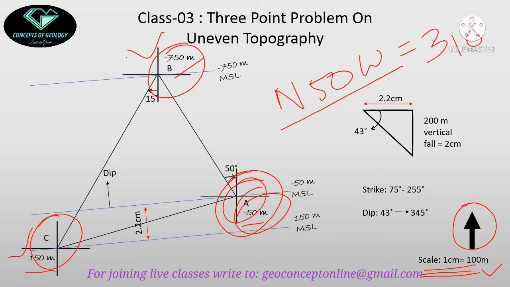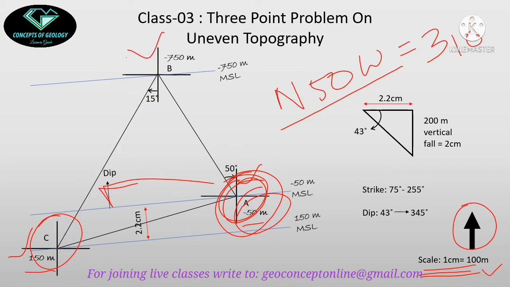That's why I have decided to graduate this CB line, and I will project this point A on this CB line. When I get this projection, that projected point will be connected to the real A point, and that will be one strike. Now how can I project this?